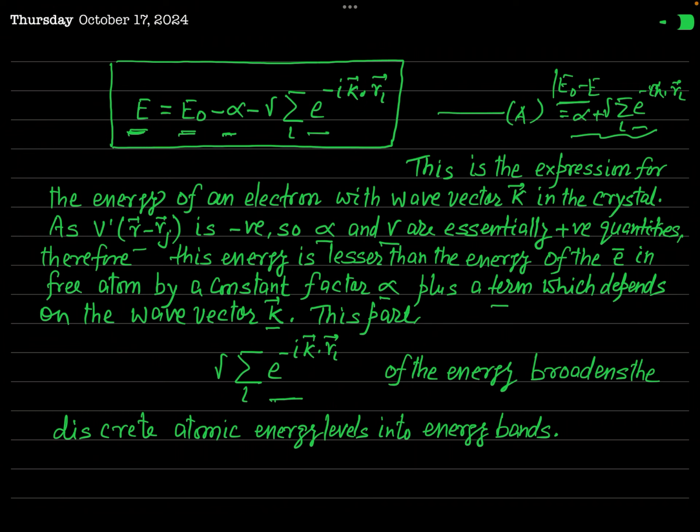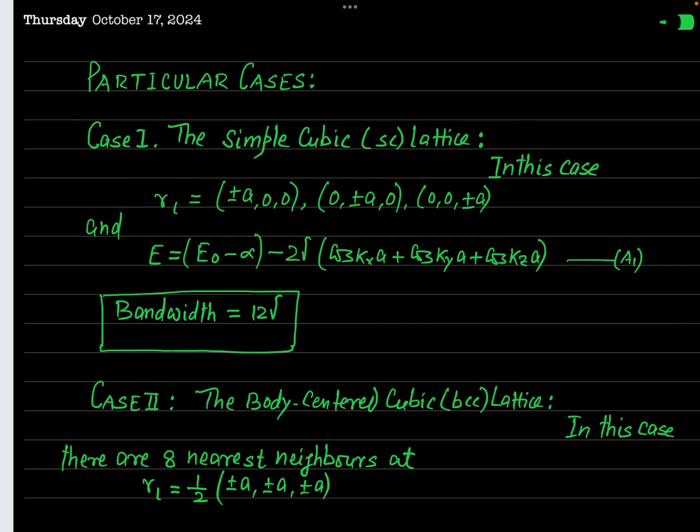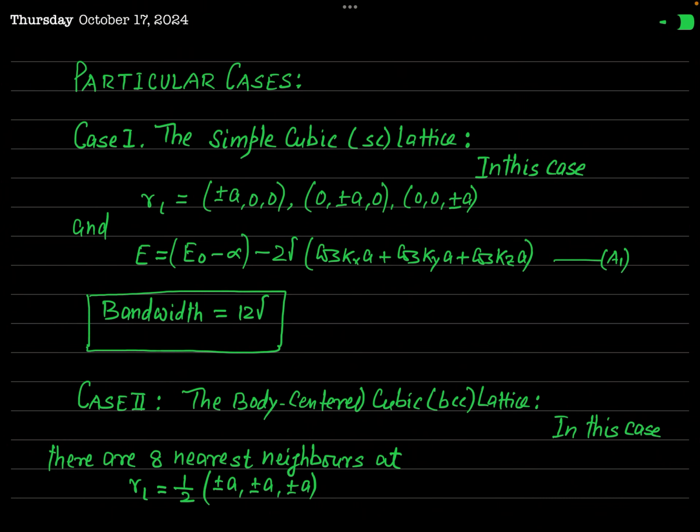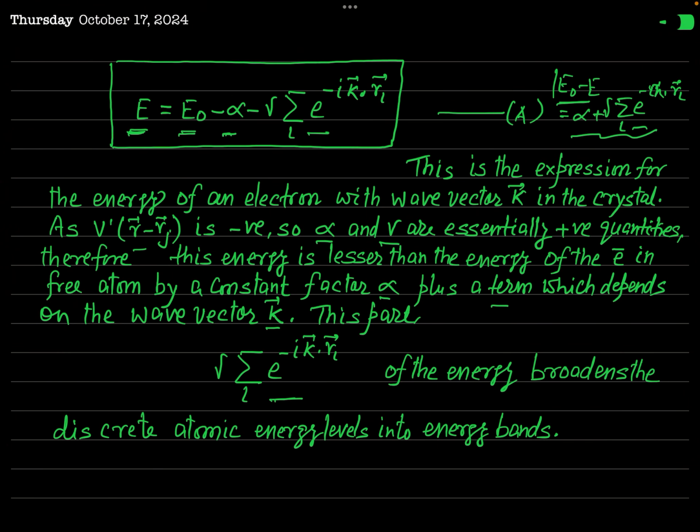So I have mentioned it here that this term broadens the discrete atomic energy levels into a band. So it is clear how the energy band is formed: this term appearing in the expression for energy is responsible for the formation of energy band.